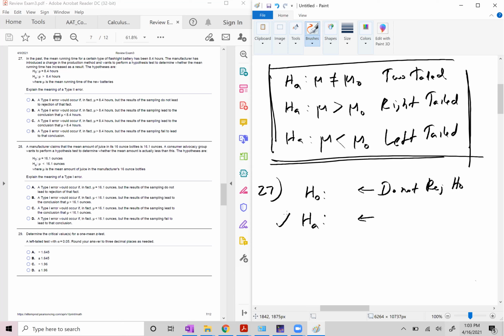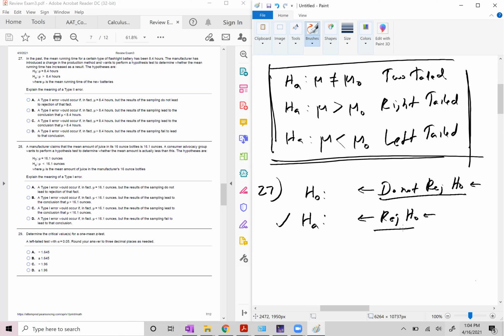So if the alternative is correct, we say reject the null. So those are the two things that can happen in a hypothesis test. Null is correct, that means do not reject the null, or alternative is correct, reject the null.